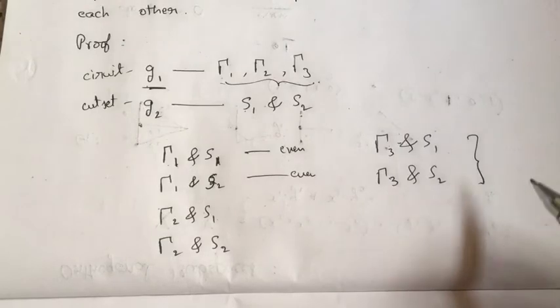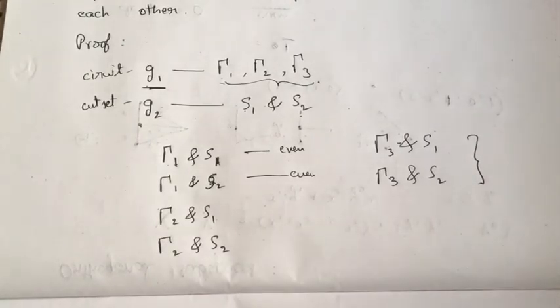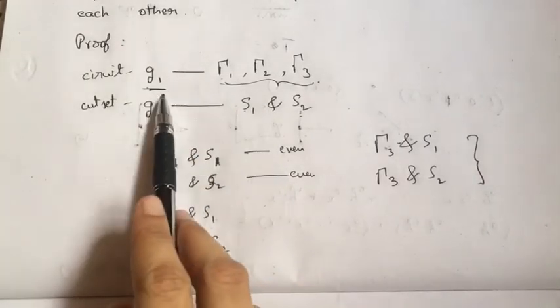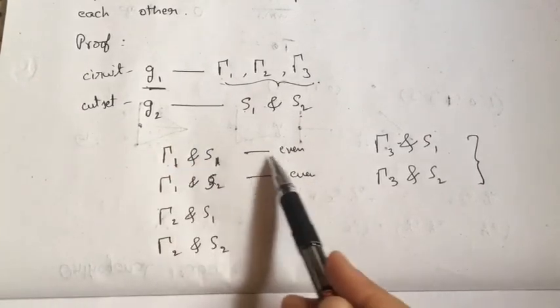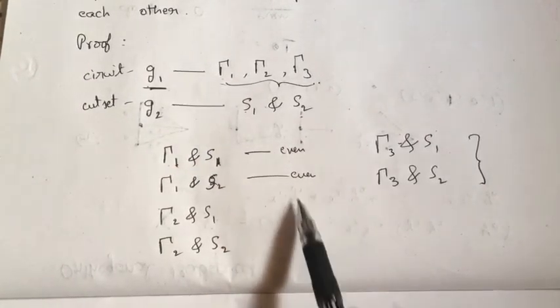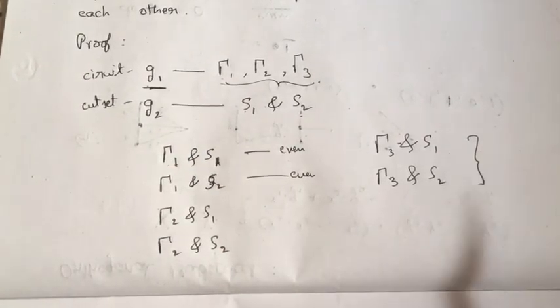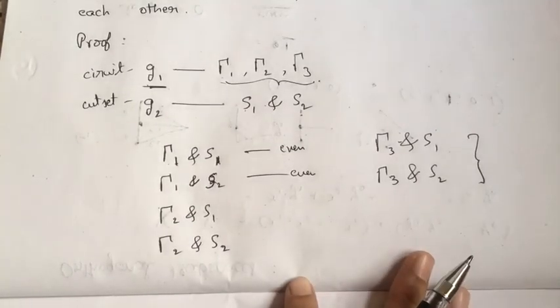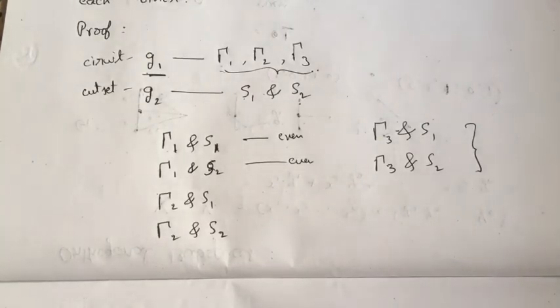Therefore, I can say the number of edges common to G1 and G2 is the sum of these, which gives me an even number. So the number of edges in common between an edge disjoint union of cut sets and an edge disjoint union of circuits is also even.